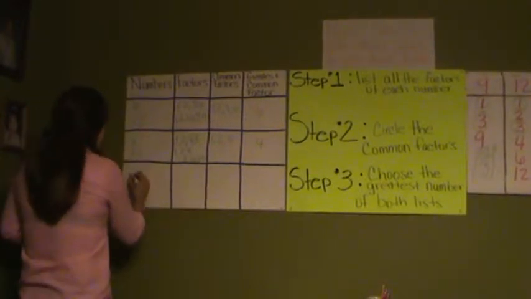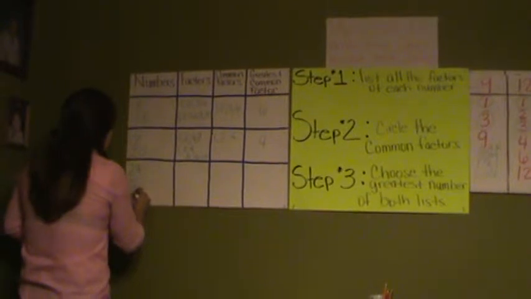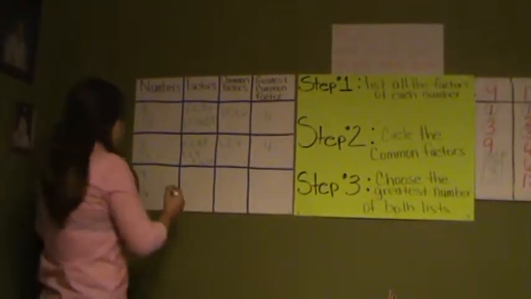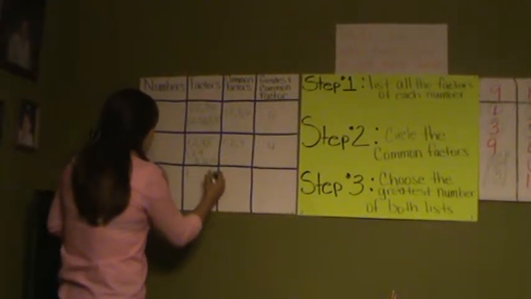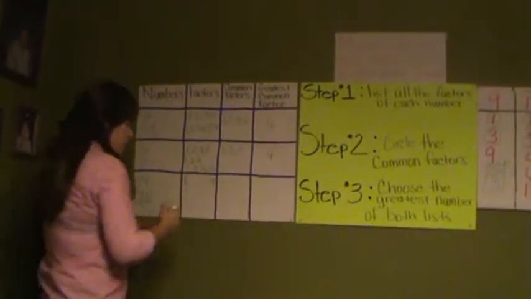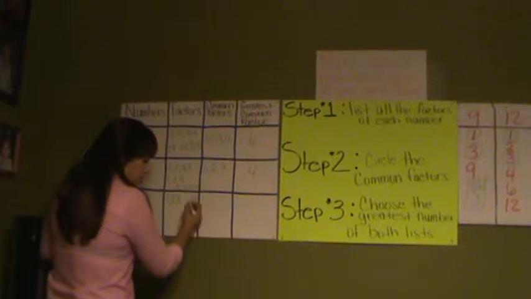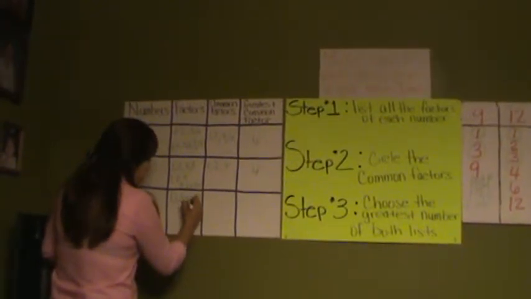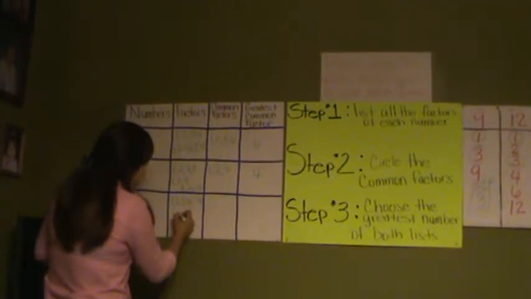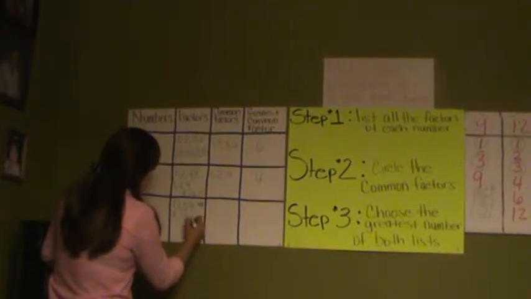So let's try maybe a more challenging number, 24 and 36. So let's look for the factors of 24. So you're going to start with 1 and 24. So 1, and we have 2, 3, we have 4, 6, and we have 8, and 12, and then we have 24.